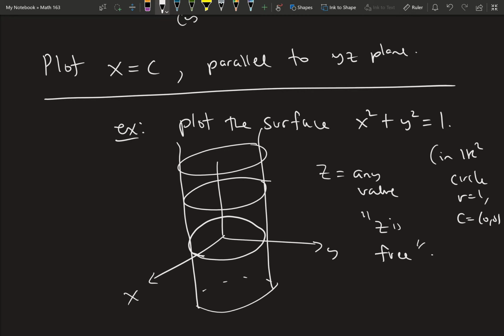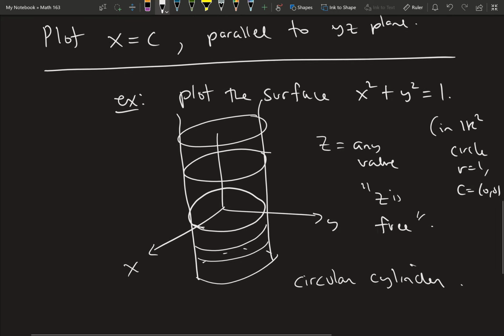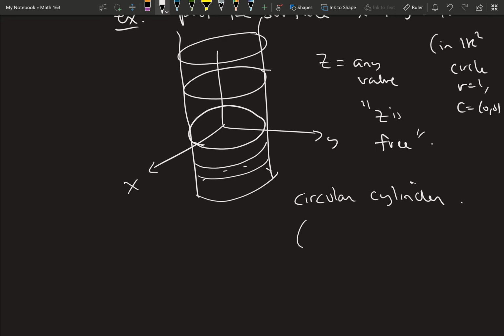So this is actually the surface, and it's literally the surface in the sense that it doesn't include the inside. So this is what's called a circular cylinder, and it's hollow. Right? The inside is not included, but the surface is. Only the surface is present.